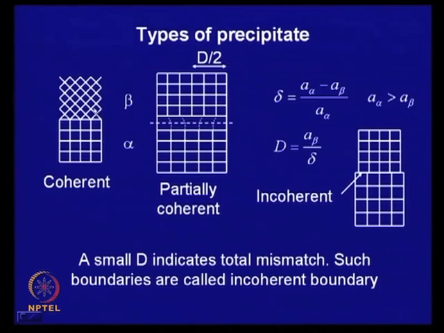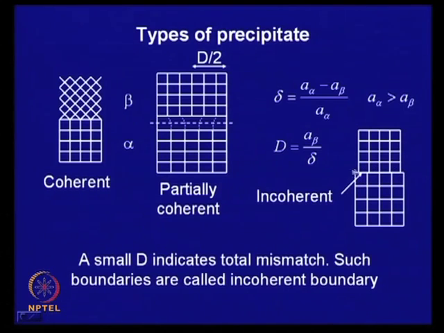Here, since gamma is less, there is no surface energy barrier for precipitate to form, whereas in this case you have the maximum surface energy barrier which must be overcome for precipitation to take place.